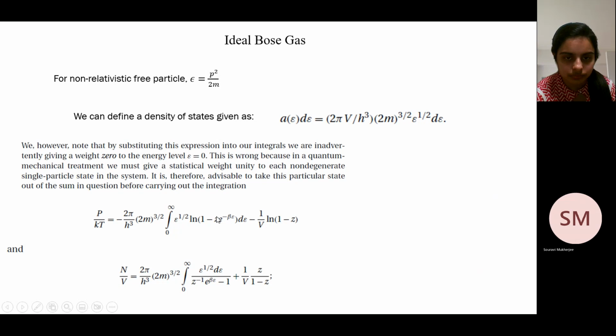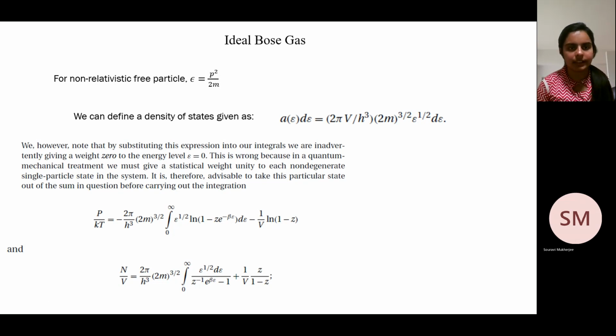Now one can ask the question: why didn't we do this for fermions? Why are we specifically doing it for bosons? If you remember, for fermions, we just directly used this density of states and directly did the integration. We did not consider the epsilon equal to 0 case explicitly outside the integral. This is because of the characteristics of the Bose gas, which allows all the particles to be in the zero state.